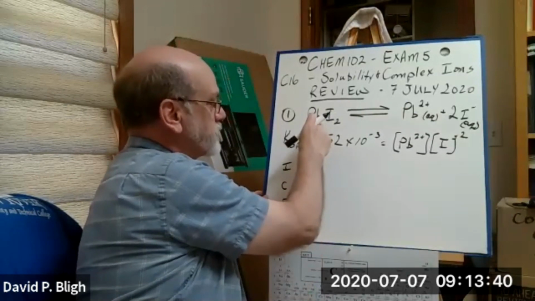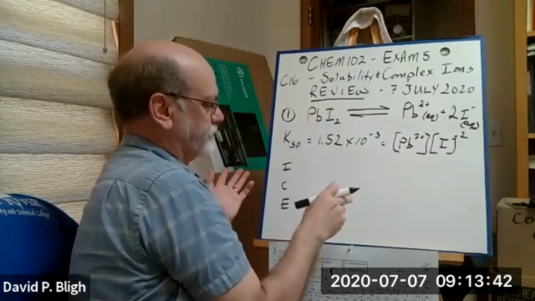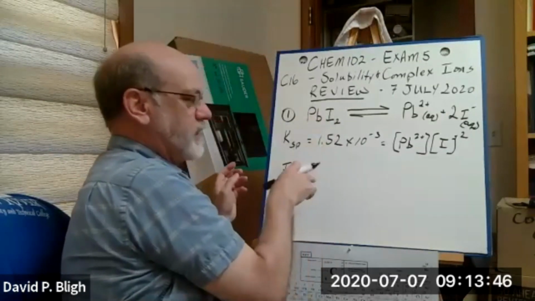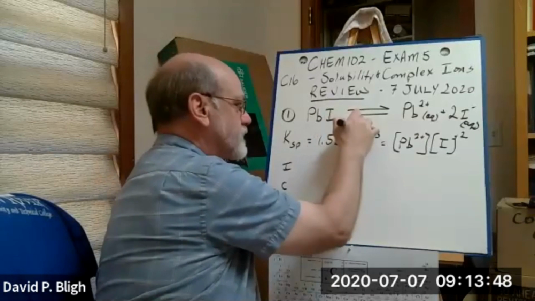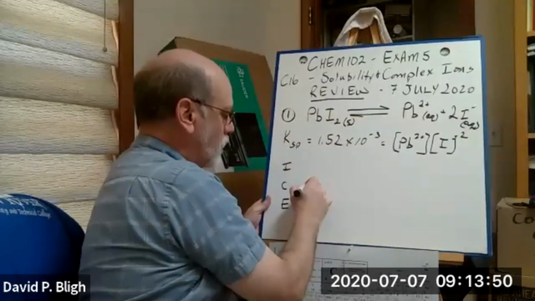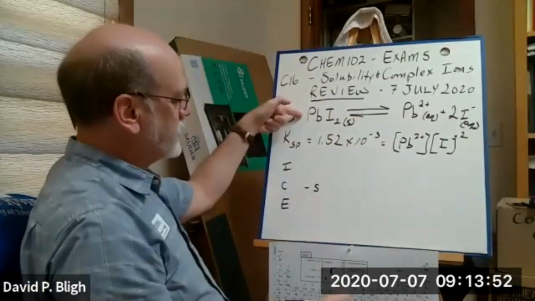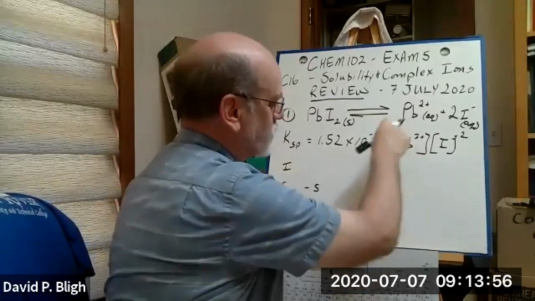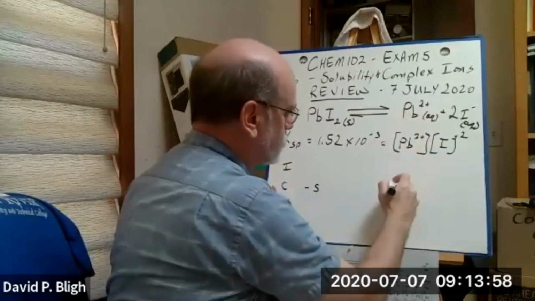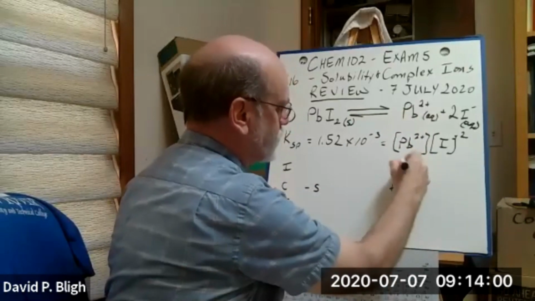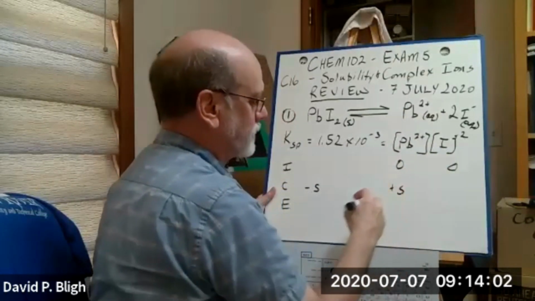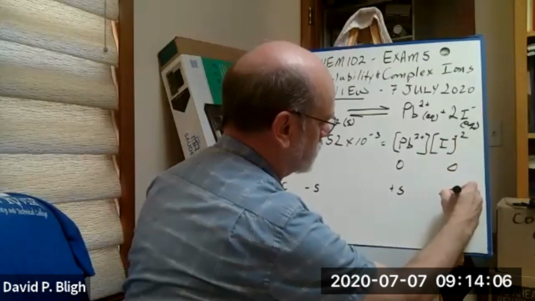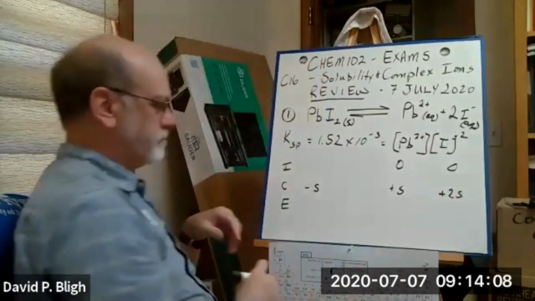Well, the initial concentration here doesn't matter really, but for solubility purposes, we're going to lose some of this. Okay? And it's going to show up over here as one of those because there's 0 to start with, and 2 of these. Right? Okay.